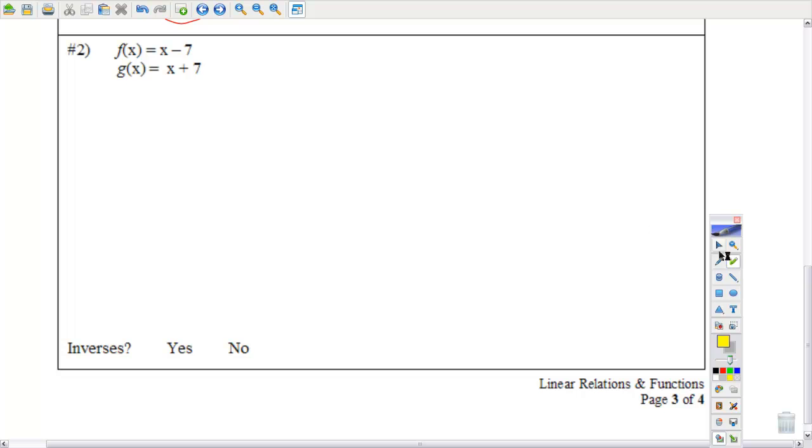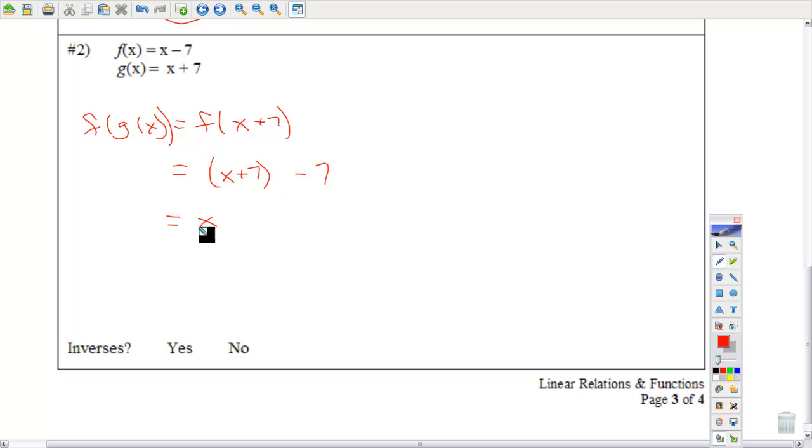Number 2 seems to be more simple, which in essence makes it more complicated. F of g of x. It's f of x plus 7. I'm replacing g of x with x plus 7. So I'm going to go to function f, which is x minus 7, and in here I'm going to put the x plus 7.